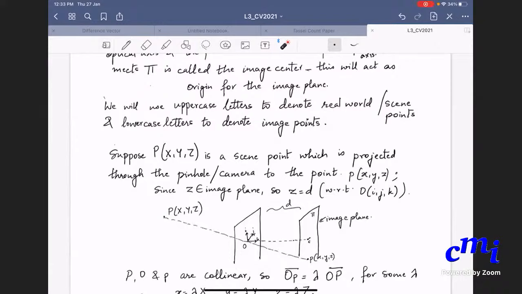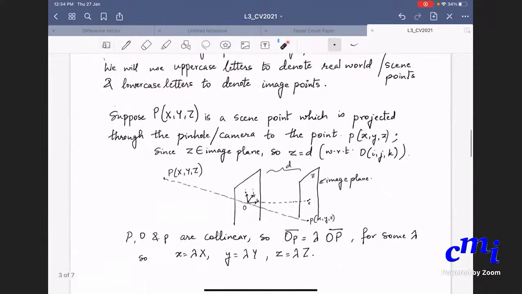If this distance I'm calling d, then because these are collinear, vector Op is a scalar multiple of vector OP. Presumably, the distance between camera and the image plane is going to be smaller than the other one, so I'm going to put lambda on the other side. I'm going to say Op bar is some lambda times OP bar, because they are collinear.